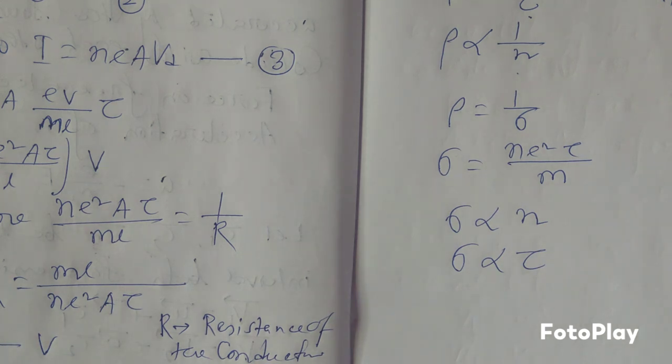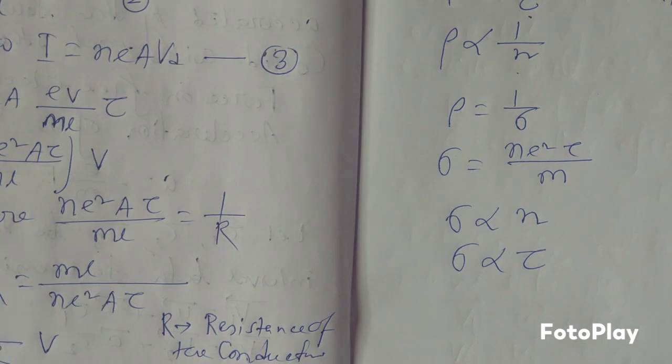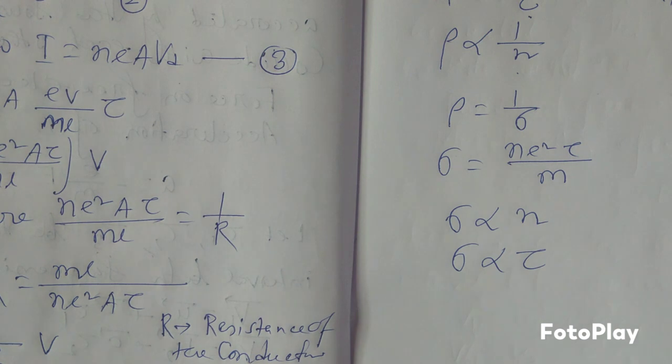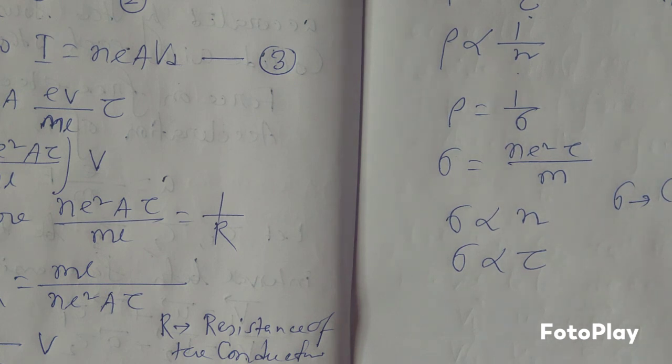So we have got a complete idea from drift velocity to Ohm's law, and from Ohm's law we get sigma and rho. Sigma means the conductivity of the conductor.